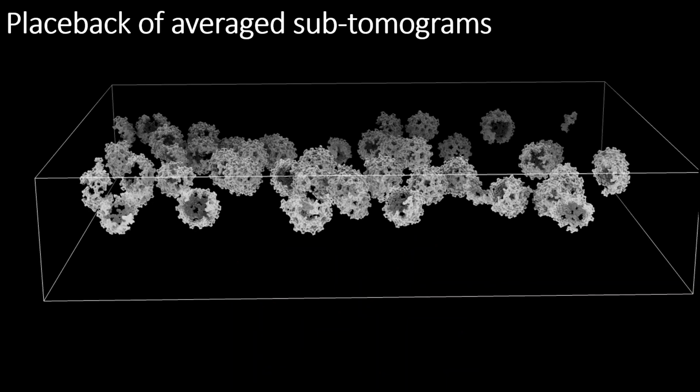This is a placed back refined spike of our viruses, and we can see that our particles are very pleomorphic. They are very irregular. This was the reason why this sample was not working well on single particle analysis. And from our placebacks, we can see how the particles are wholly and not regular.